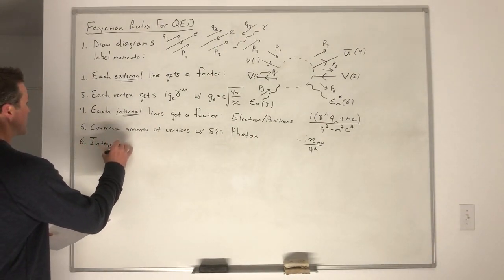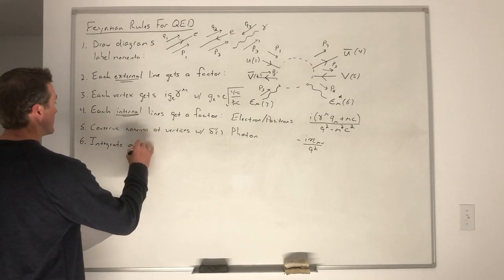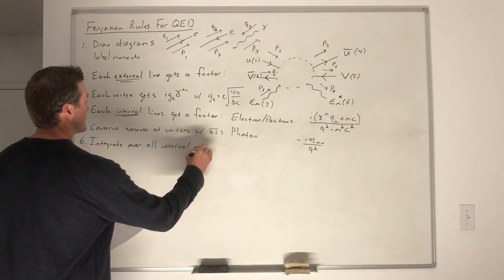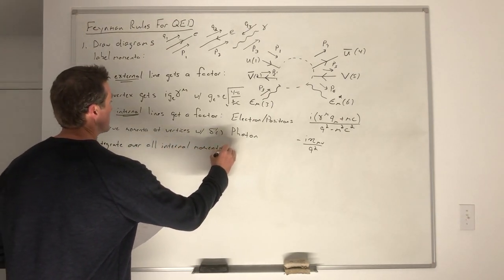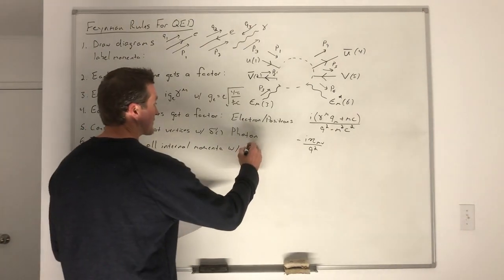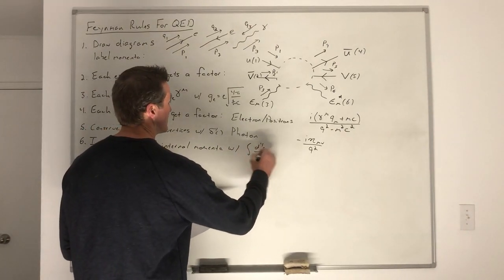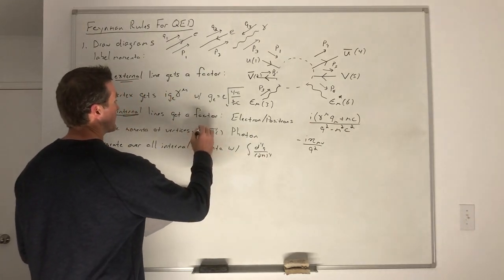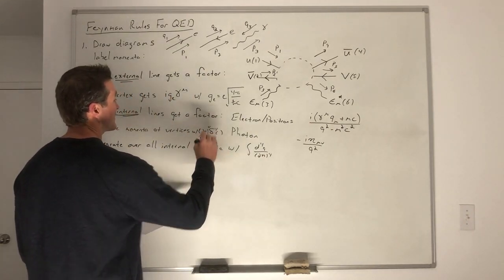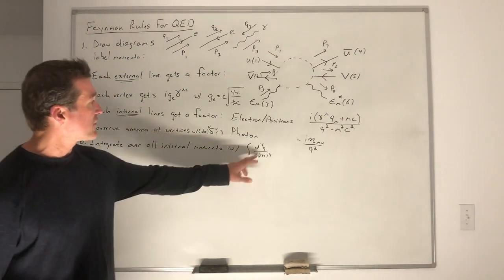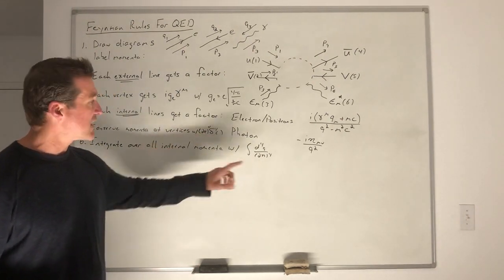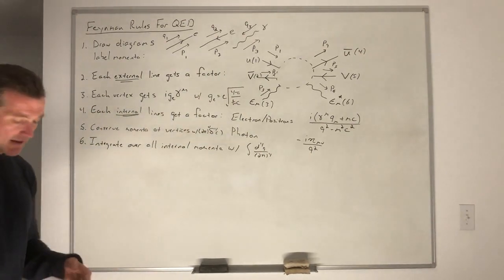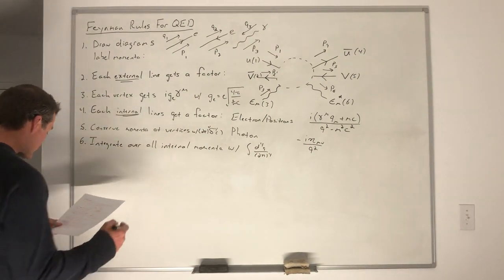And then you want to integrate over all internal momenta with a factor of d^4q over (2 pi)^4. And when you do the integral, each internal momentum in your expression gets a factor of d^4q over (2 pi)^4, and then you can throw an integral sign out front.